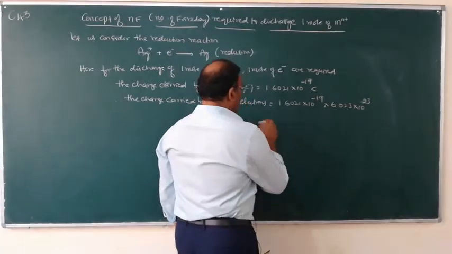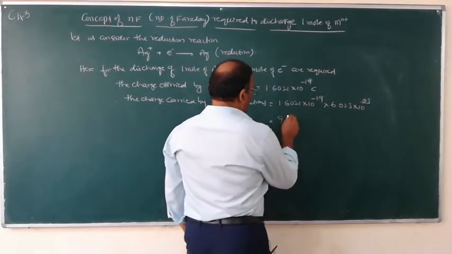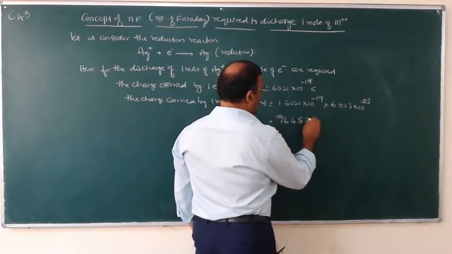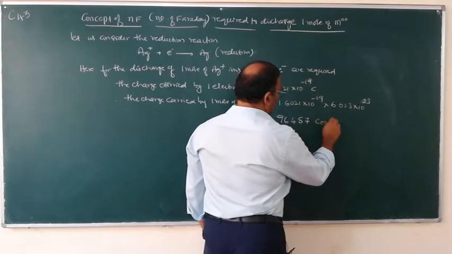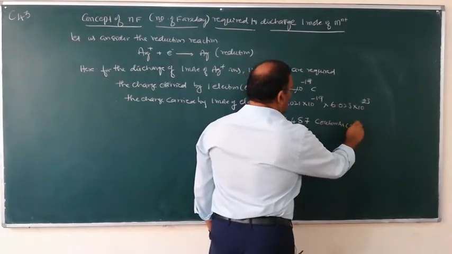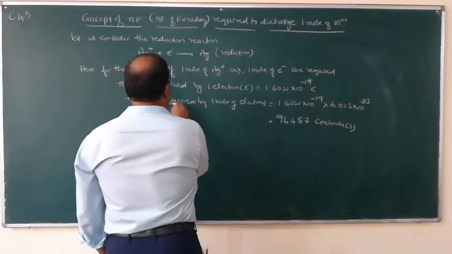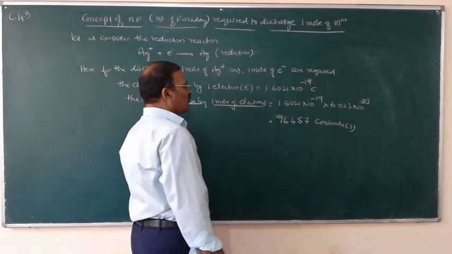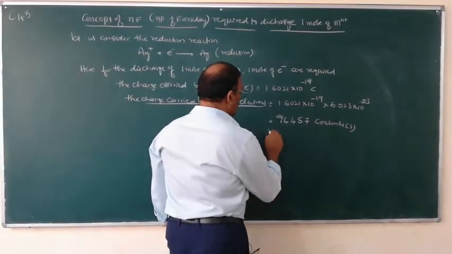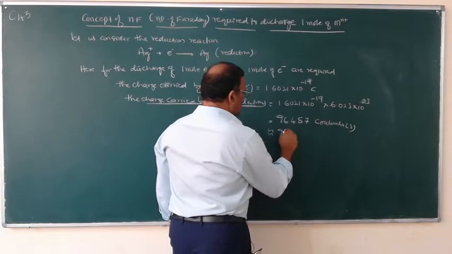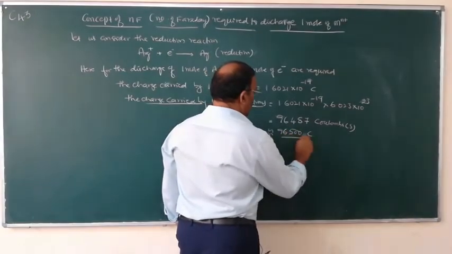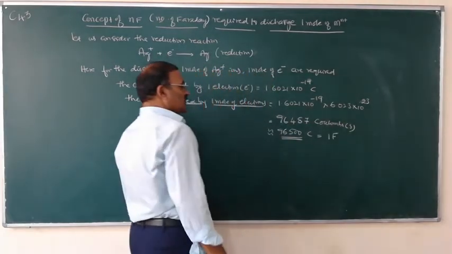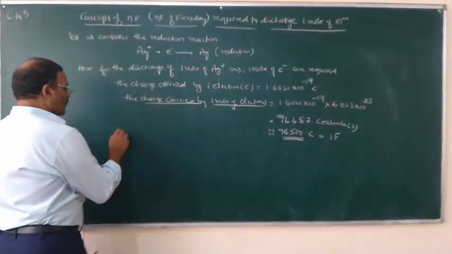If you multiply these two, you will get 96,487 coulombs. So the charge carried by 1 mole of electrons is equal to 96,487, which is approximately equal to 96,500 coulombs, which is called 1 Faraday. So what is Faraday?